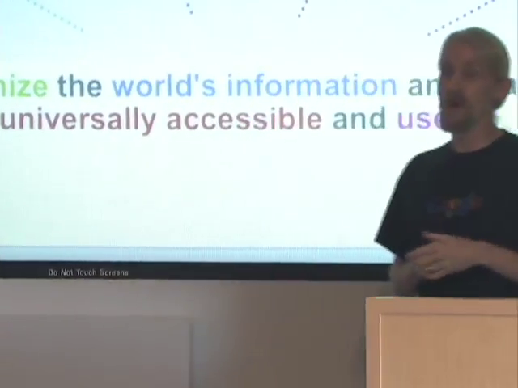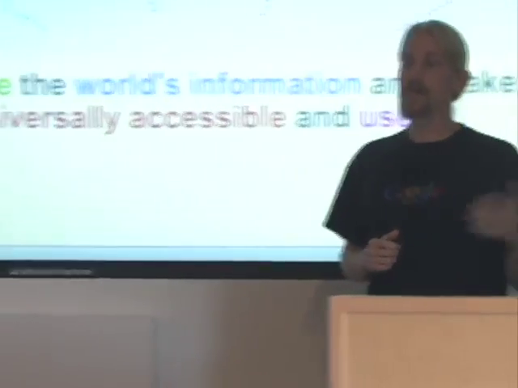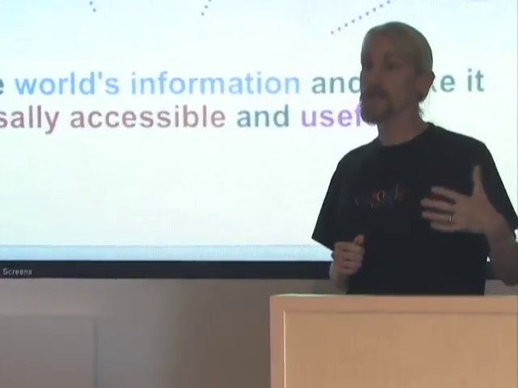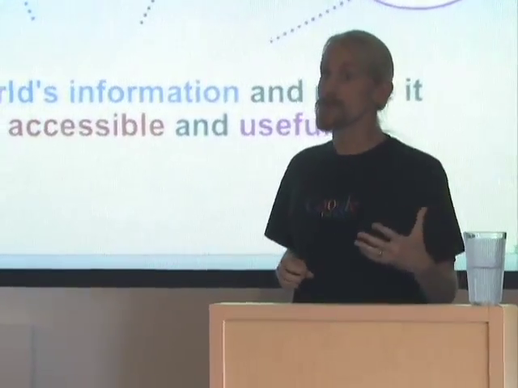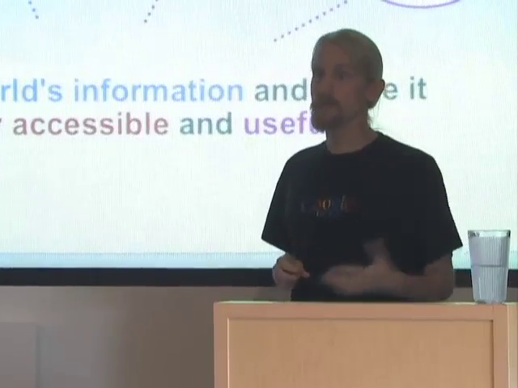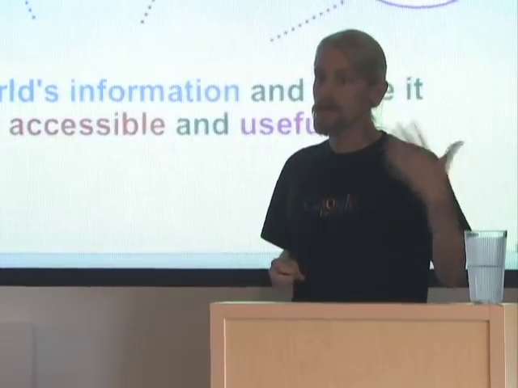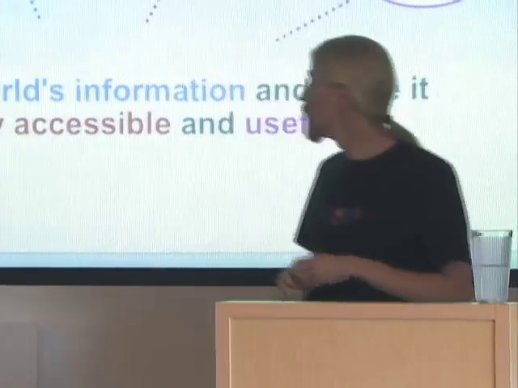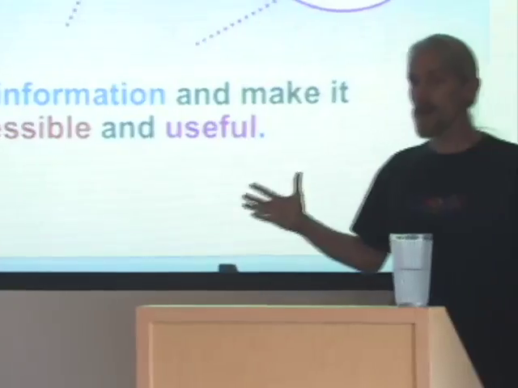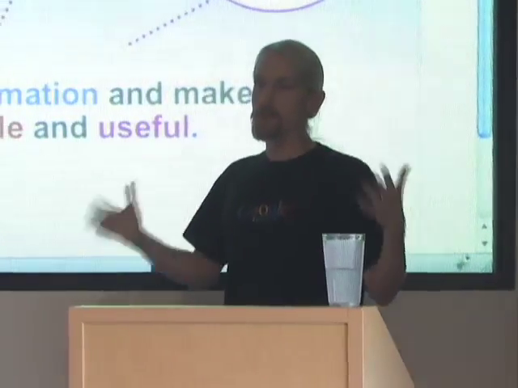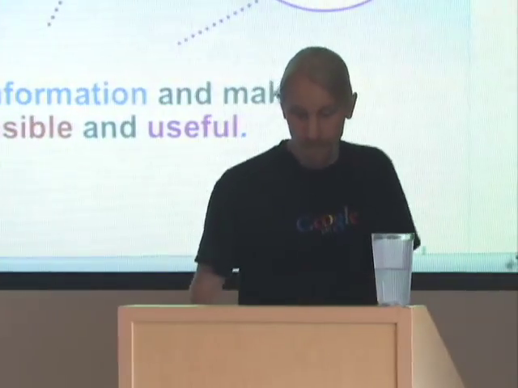And so one of our goals is to provide ways of making information available to those users, for instance, through Google Maps for mobile and other mobile platforms. So this is just to give you an overview of where we're positioning ourselves, what we're thinking of in terms of what we do and the decisions that we make.